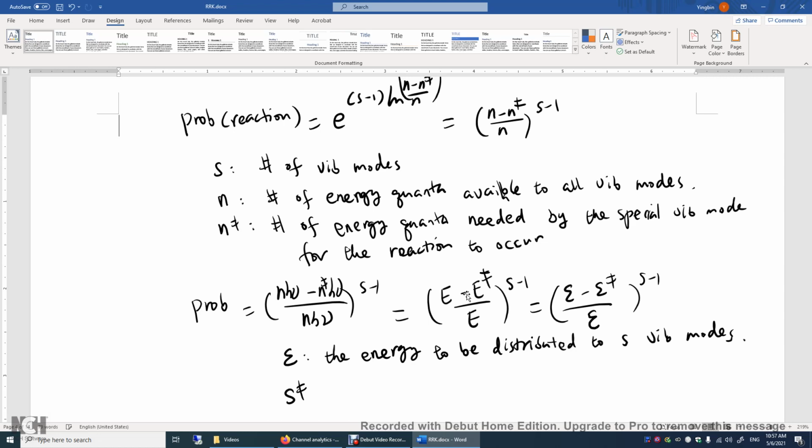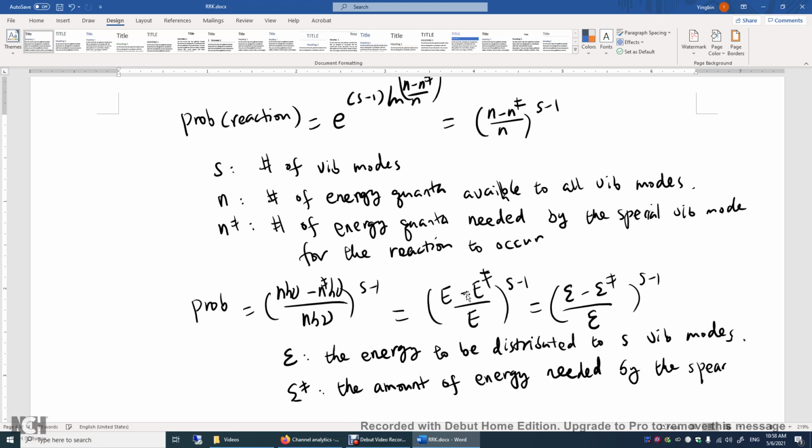Epsilon double dagger is the amount of energy again needed by the special vibration mode.